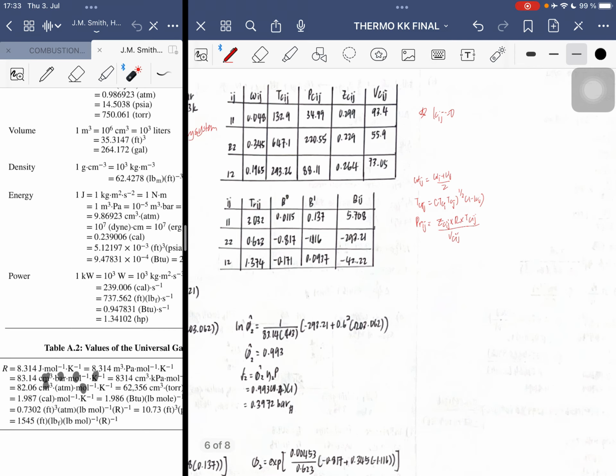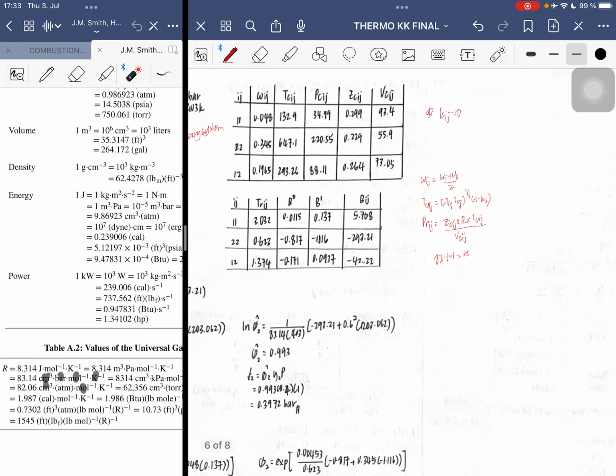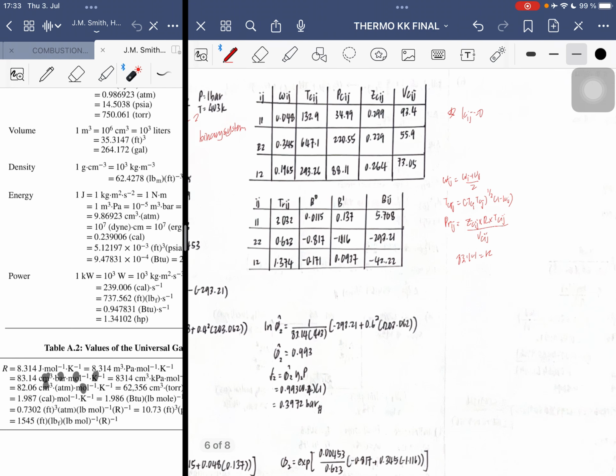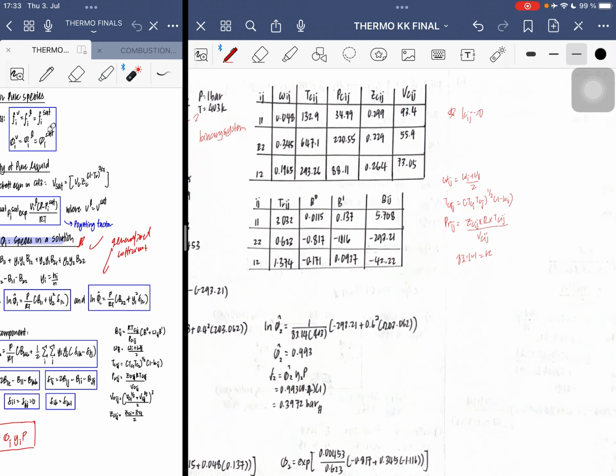And then Vcij is ((Vci^(1/3) + Vcj^(1/3)) over 2) to the power of 3. And Zcij is (Zci + Zcj) over 2.